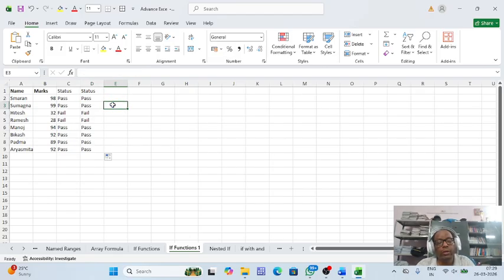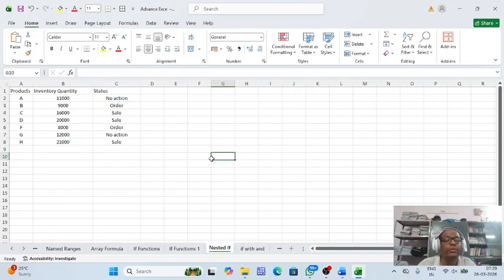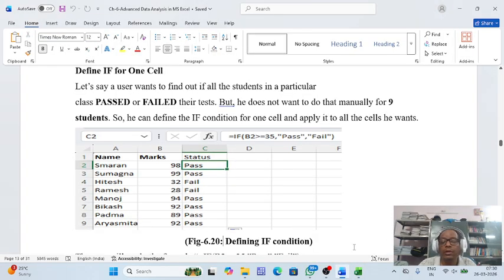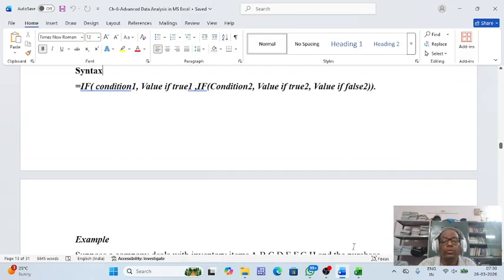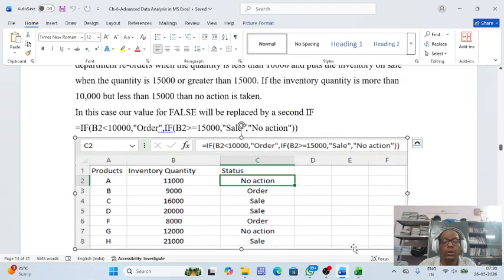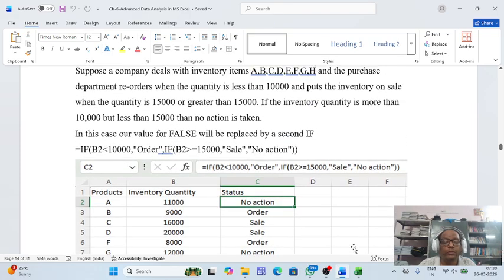Then we have the nested IF function. What is that? It says there are two optimum order quantities or inventory quantities. One is 10,000 and the second one is 15,000 probably. The company is dealing with items A, B, C, D, E, F, G, H. The purchase manager is thinking about the order levels.